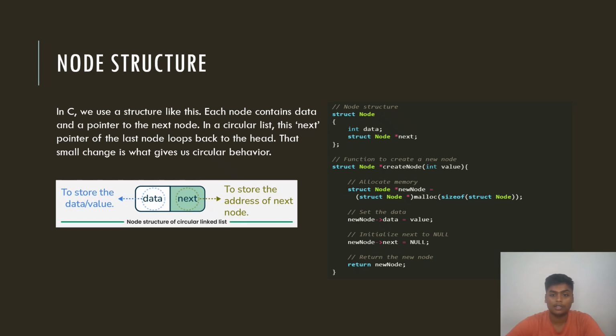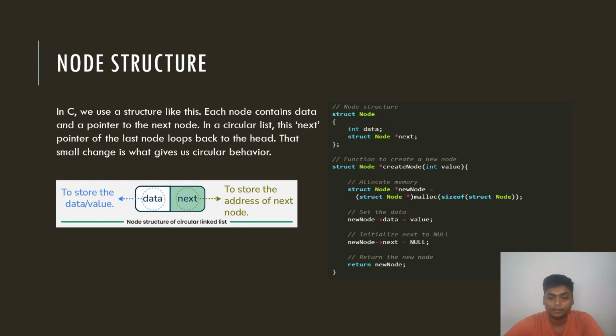which shows the structure of the node, where the data is of type int, and there is a pointer next, which will be pointing to the next node. Moving on, this will be the function taking an argument, which is the value stored inside the node, and this line, the malloc function, is used to allocate memory space to each node inside the memory, and it will be iterated for each node.